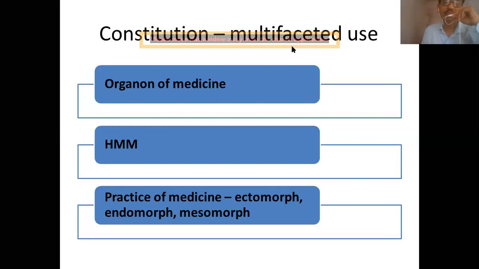So this is just to give a brief introduction about these three terms which are used in medicine. We will focus on how this term is basically used in homeopathic materia medica and how it is helping us in the study of materia medica.